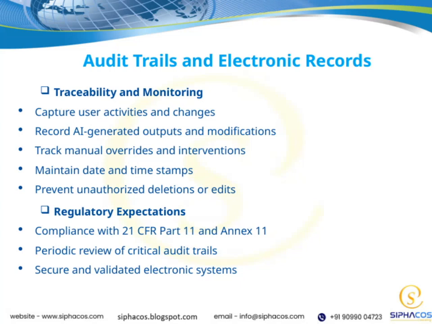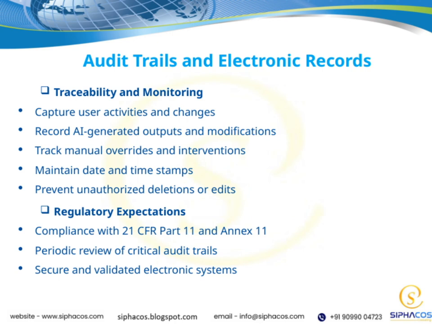Let's talk about audit trails and electronic records, which are essential for maintaining transparency and accountability. First, traceability and monitoring involve capturing user activities and any changes made within the system. This helps us understand who did what and when. We also record AI-generated outputs and any modifications, ensuring we have a clear record of how decisions are made.